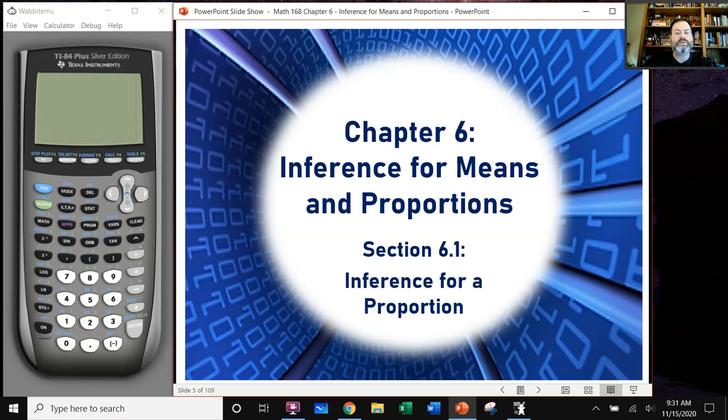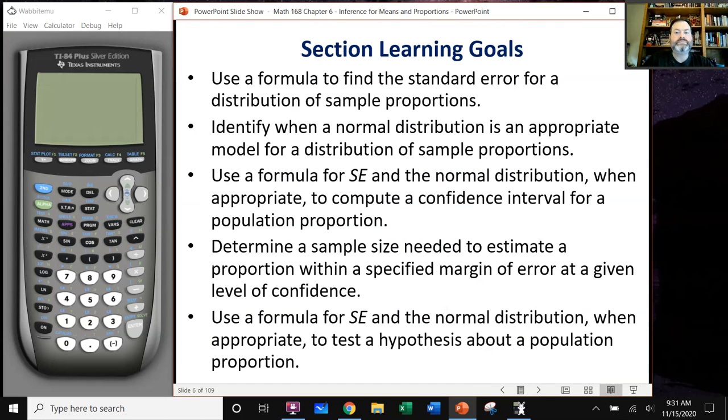Here we're flipping it around and we're saying we know the variable, we know that it's going to be a single proportion. So we're going to look at hypothesis tests and confidence intervals, and that's what's going to jump around, the type of analysis needed. But the variable and the parameter is set, right?